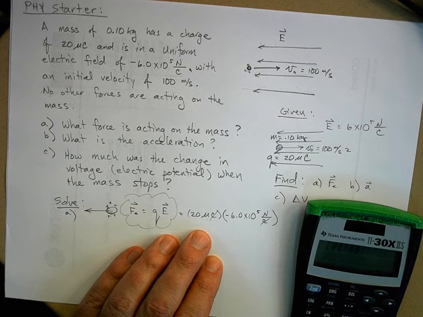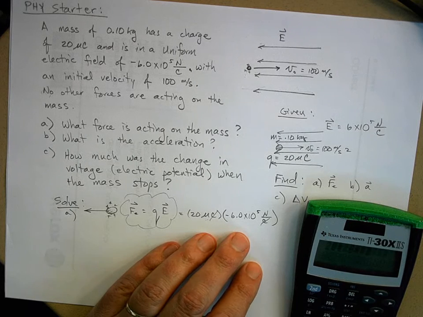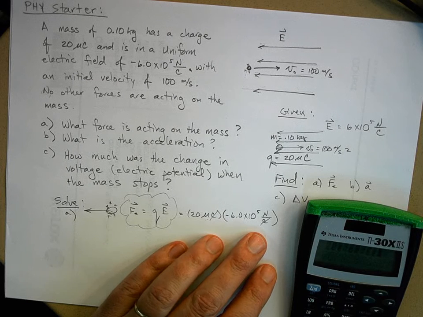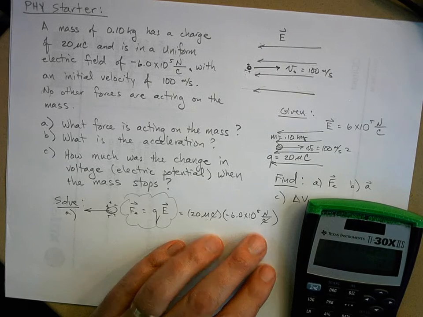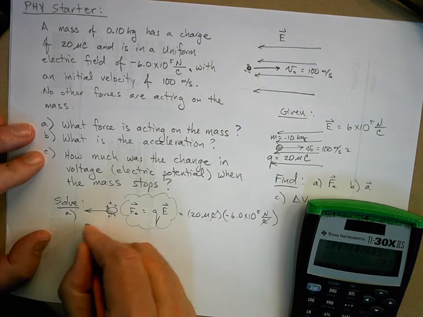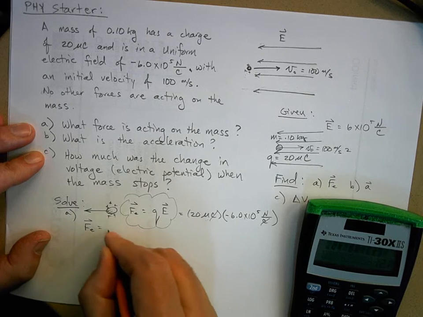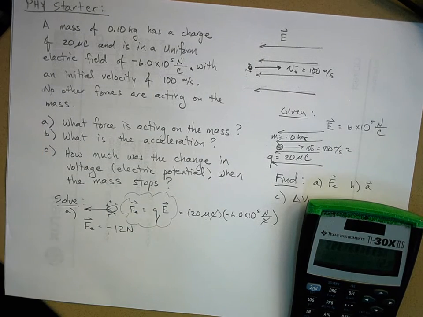Times 10 to the negative 6 times negative 6 times 10 to the 5. And we get negative 12. Did you get negative 12? Okay, good. So the electric force is negative 12 newtons. And what does that negative mean? To the left. That's all it means.